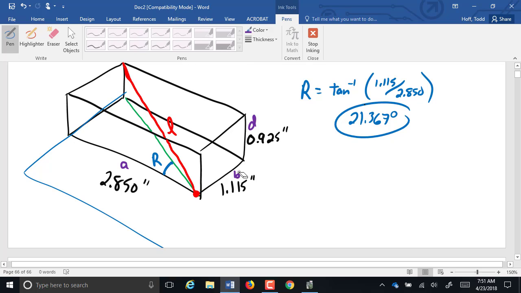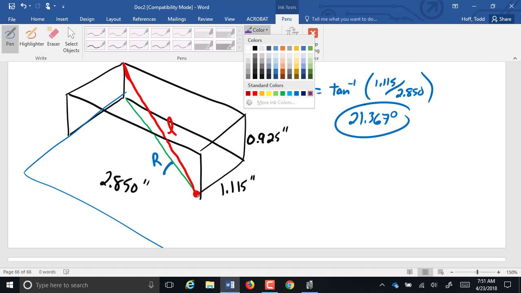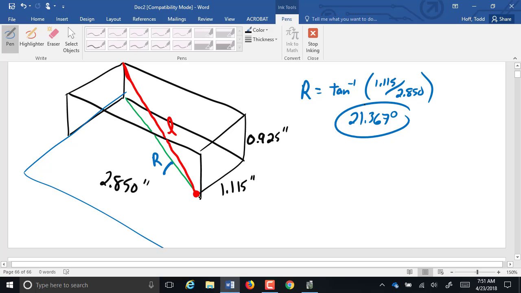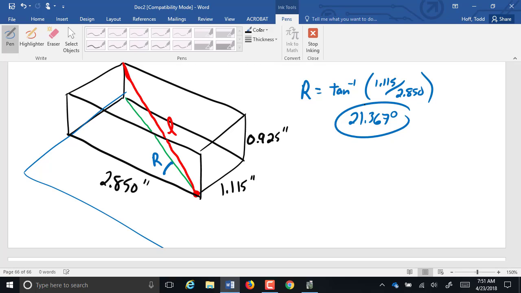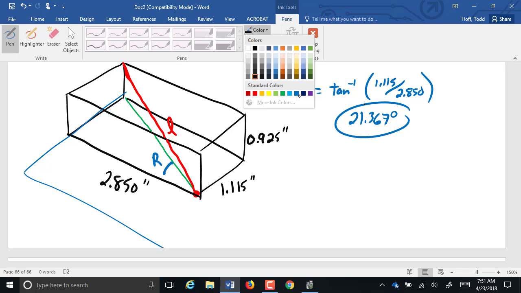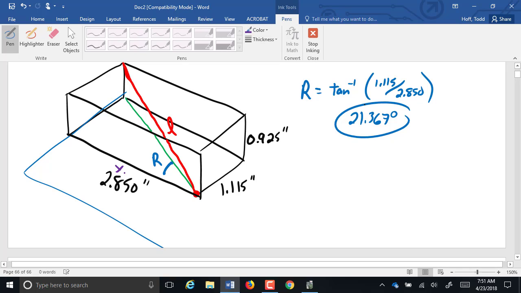Let's be more realistic. I'm going to call them X, Y, and Z. That green line down there, I'll call it G for green line.